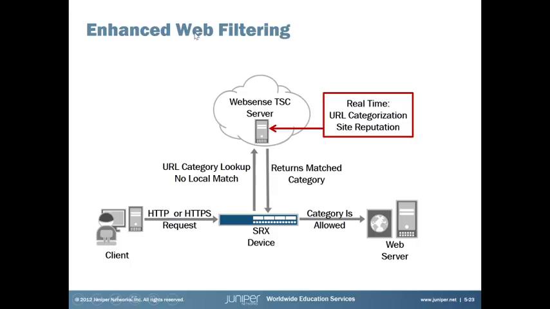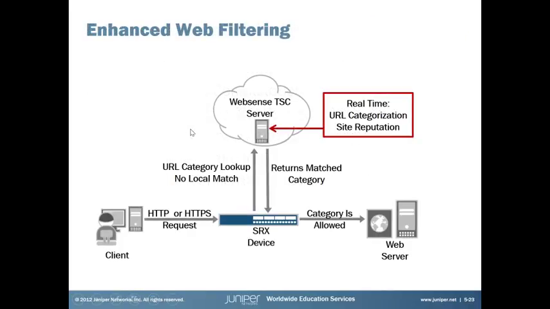Then there's enhanced web filtering. With enhanced web filtering, there is real-time URL categorization and site reputation. It uses this Websense server. And so the URL categories get a lookup and it returns a matched category.